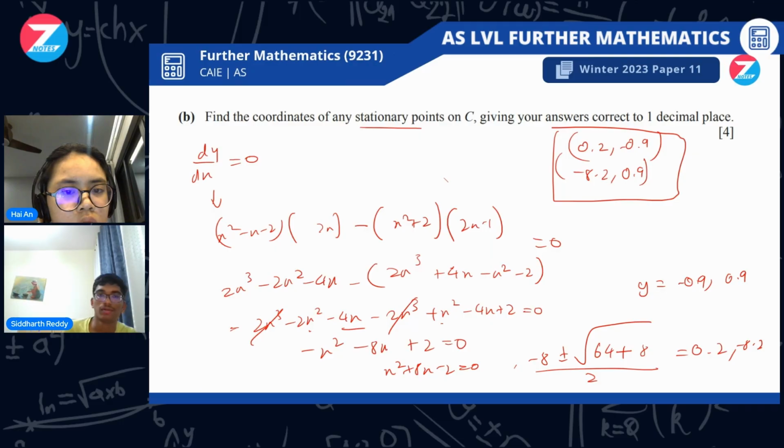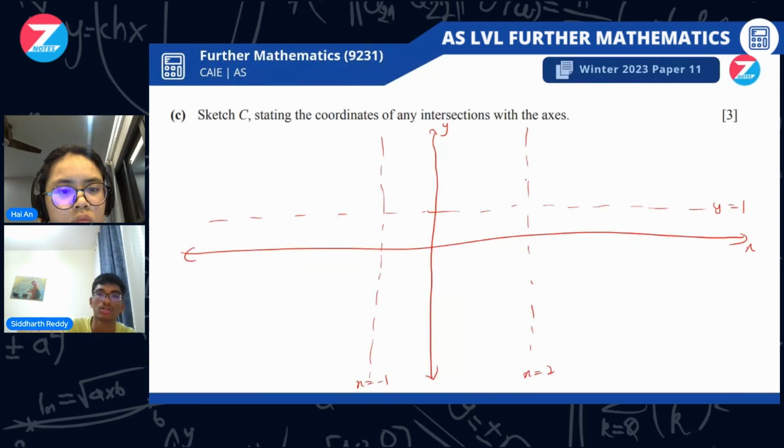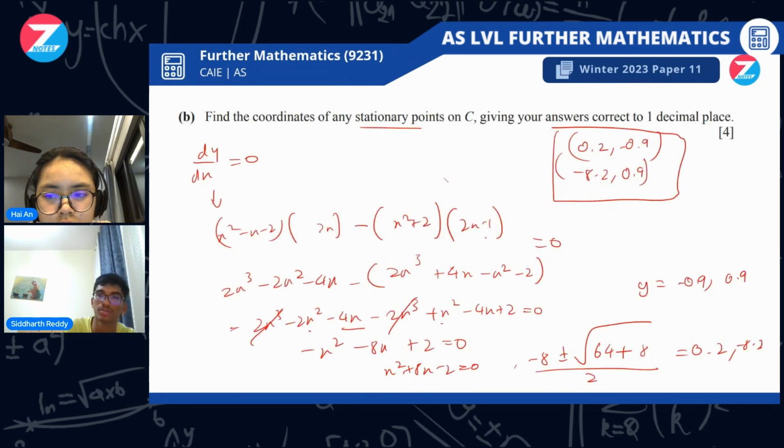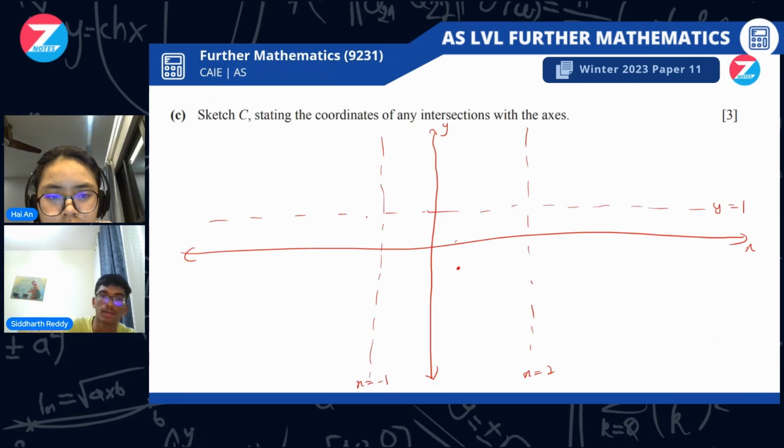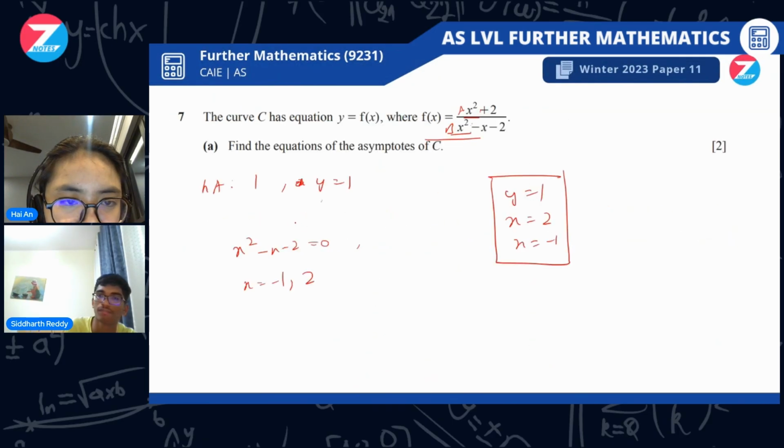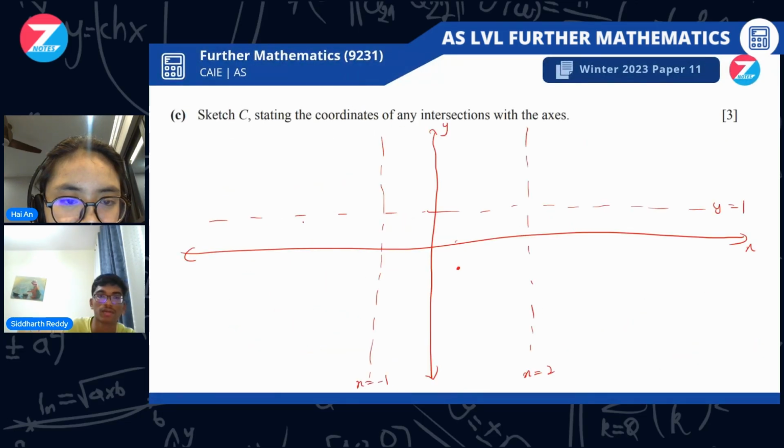Let's also draw the stationary points real quick. 0.2 and minus 0.9, somewhere here, so that's one stationary point. The other one will be minus 8.2 and 0.9, somewhere over here. It's actually going to be much further on the left, but I'm going to have to squish it to fit.